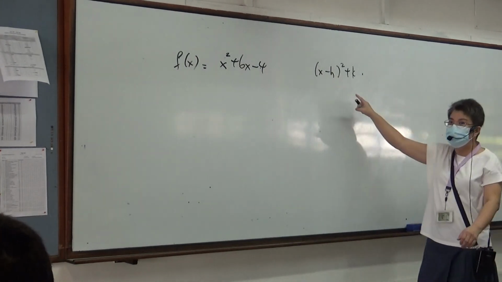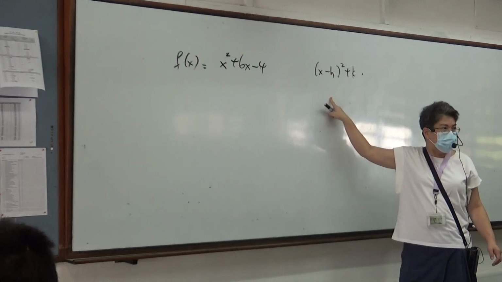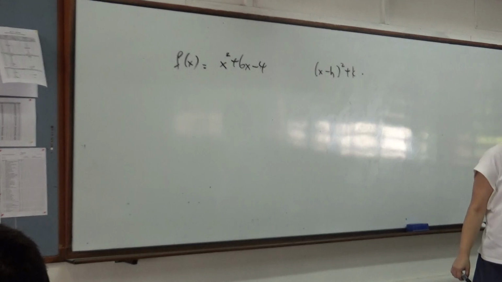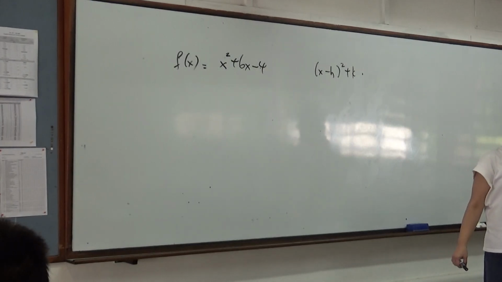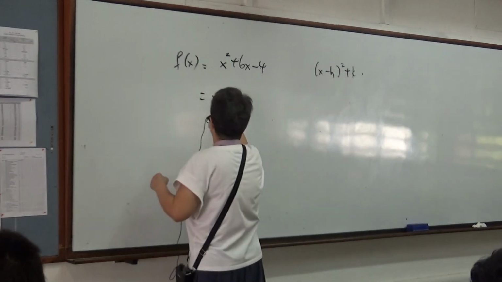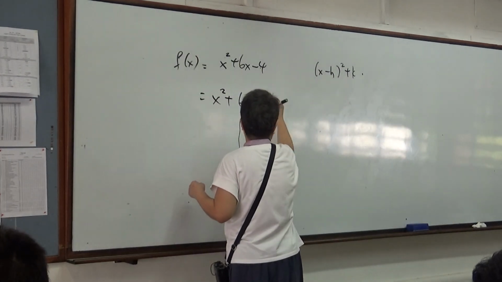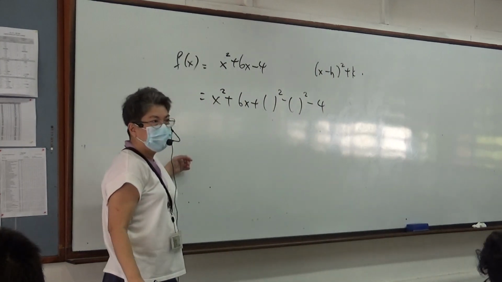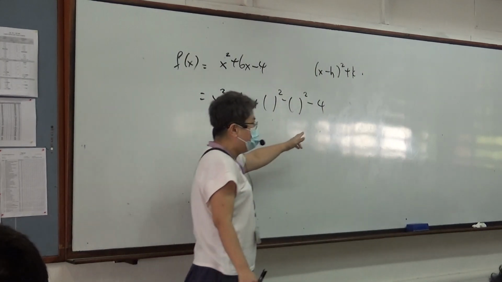Okay, now do you agree that this form is completed square form? In order to put in completed square form, the coefficient of x squared must be what? 1. Is this 1? Yes, so we are safe. We can straight away start. I'm maintaining the expression. Can I go and put equal to 0?